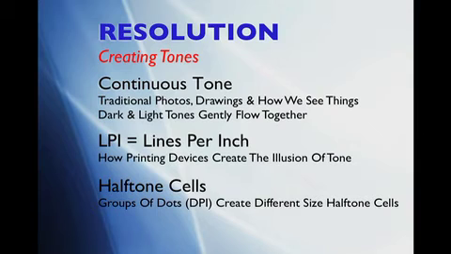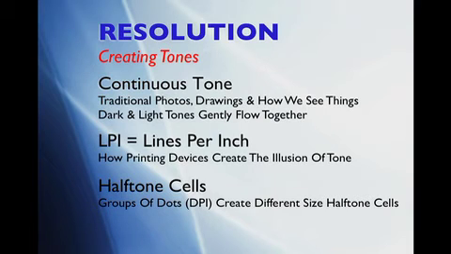And it's the LPI, or the halftone screen, that lets us see the illusion of tone. And again, the idea is that the elements that make up these things are so small that in general our naked eye can't see them very easily.